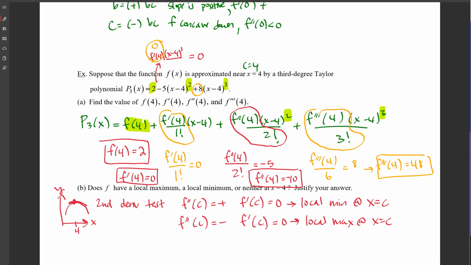So what's happening there is that we have a local max. So the answer here is we have a local max at x equals 4 because the second derivative at 4 is negative and the first derivative at 4 is equal to 0.